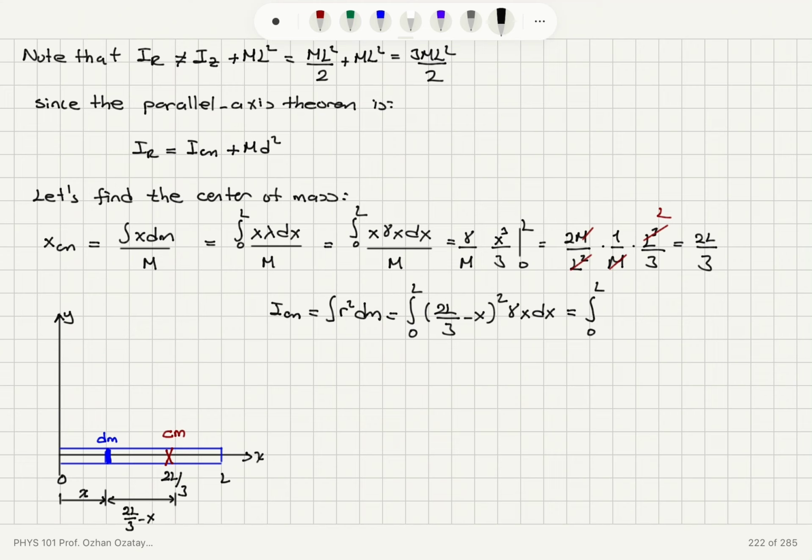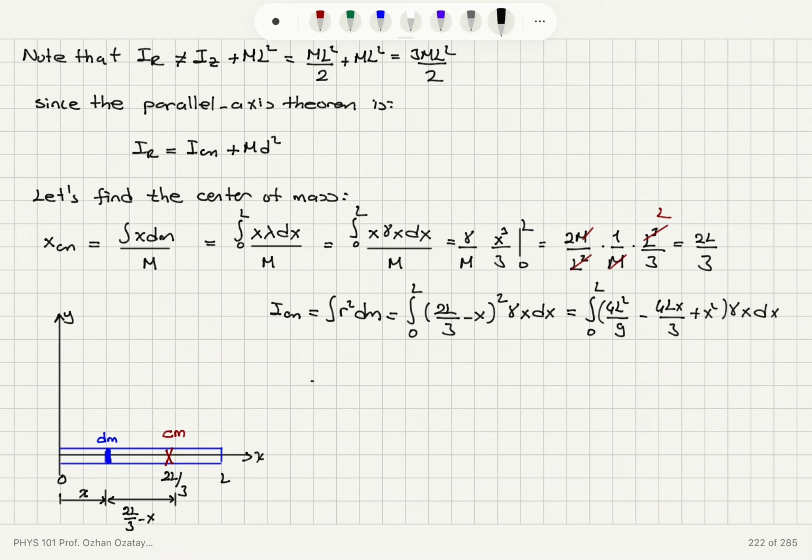If I open up the square of the parentheses, I get 4L squared divided by 9 minus 4Lx divided by 3 plus x squared, multiplied with gamma x dx.